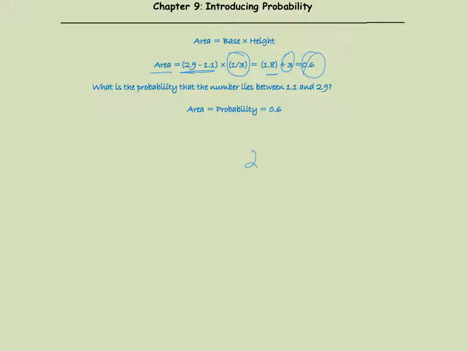So 2.9 minus 1.1 divided by 3 is equal to 1.8 divided by 3, which is equal to 0.6. So the probability of selecting a number from 1.1 to 2.9, assuming that we were picking numbers between 0 and 3, would be 60% or 0.6.